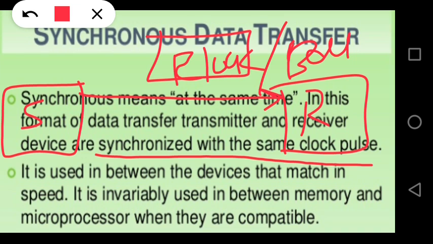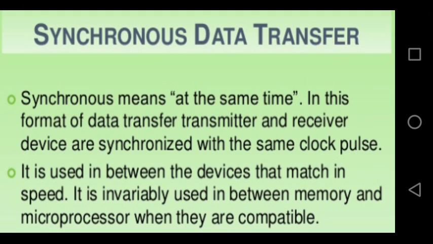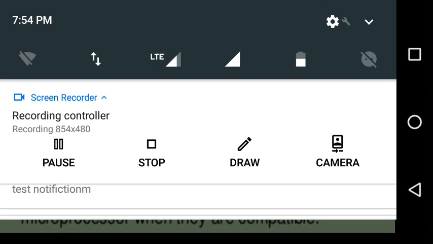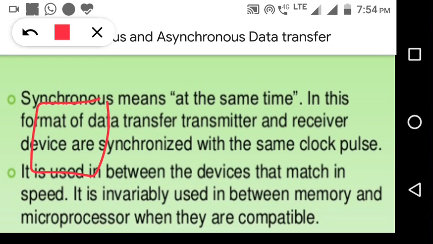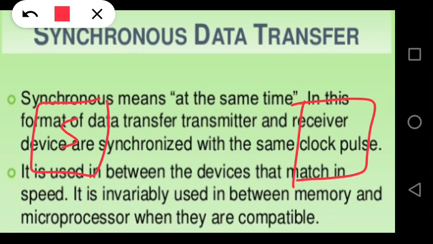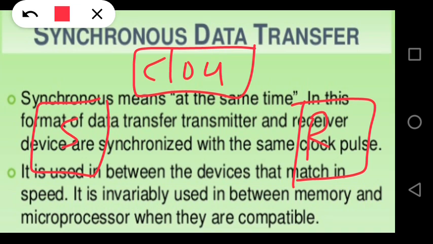It is used between devices that match in speed. Yes, it's very important. This type of synchronous data transfer is used when they have the same speed.